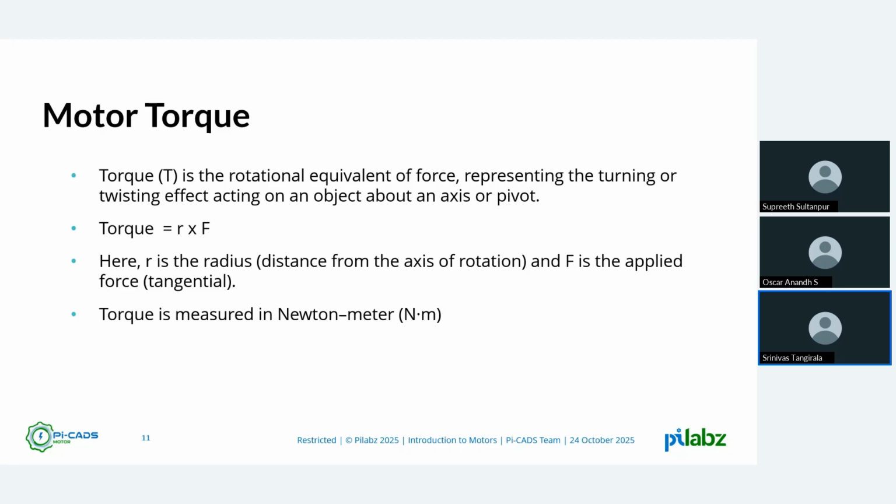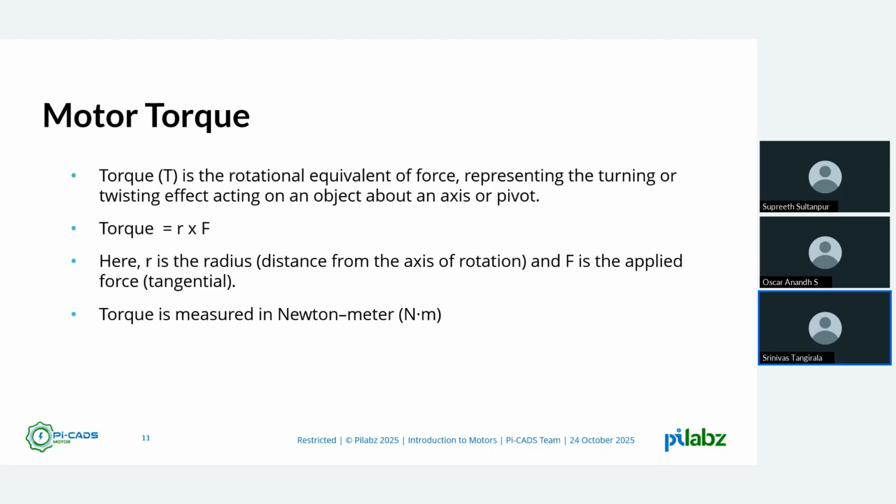Radius is the distance from the axis of rotation, and F is the applied tangential force, which is produced by the rotating magnetic field. The rotating magnetic field is what makes the rotor rotate, and the way we measure the torque is the product of the radius and the force. So that's why it has the units of Newton meter.